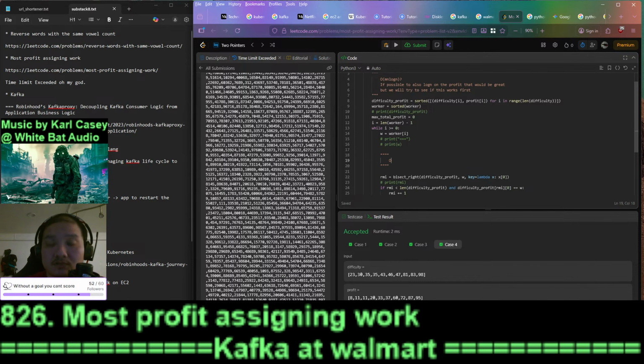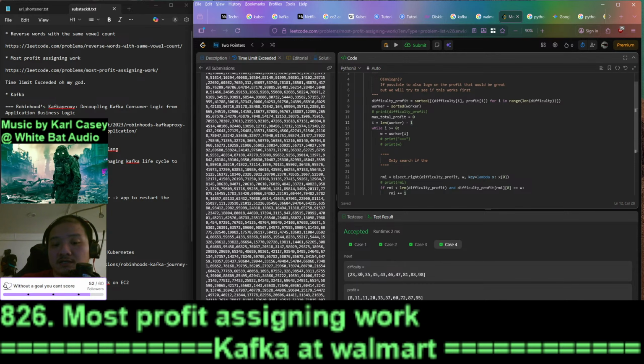Only search if the... so basically we need to find the two pointers first, right?